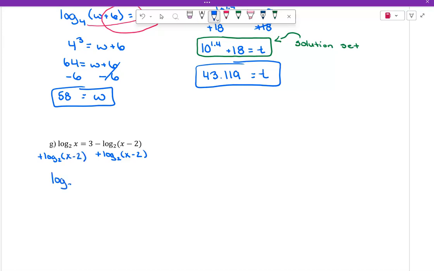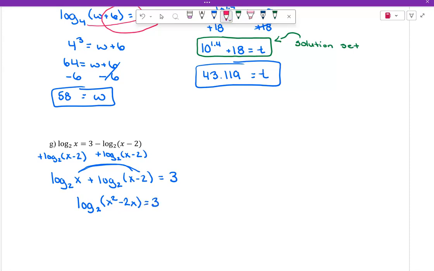So we have log 2x plus log 2x minus 2 equals 3. So now we're adding logs, so therefore we can multiply them. And I'm going to go ahead and multiply like we've been doing in class. So x times x is x squared. x times negative 2 is negative 2x.